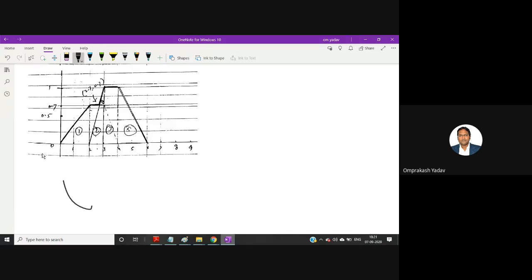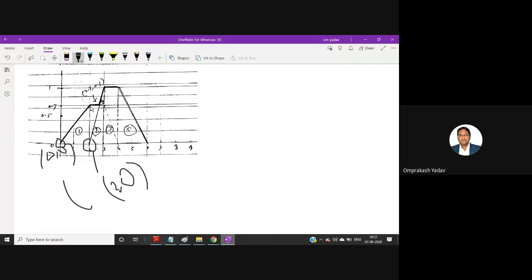This is the first point, where the coordinate is 0 comma 0, right? And then this is the second point. Its coordinate will be: first, always write the x coordinate. So x coordinate is 2, and its height is 0 because it's lying on the x-axis.